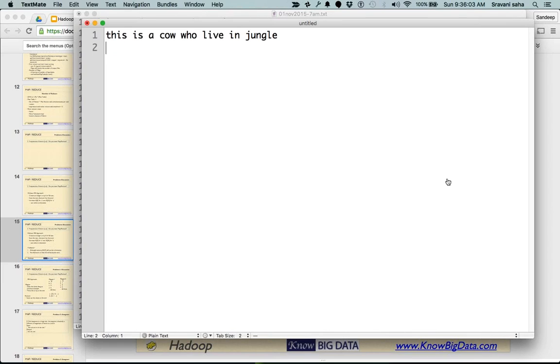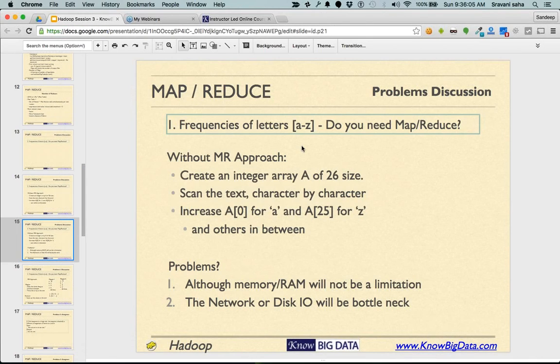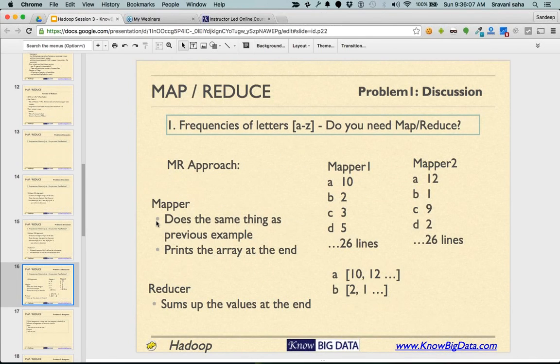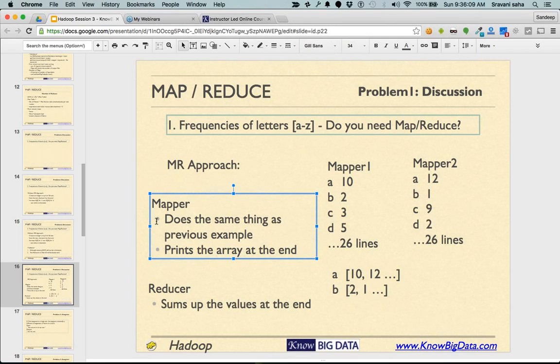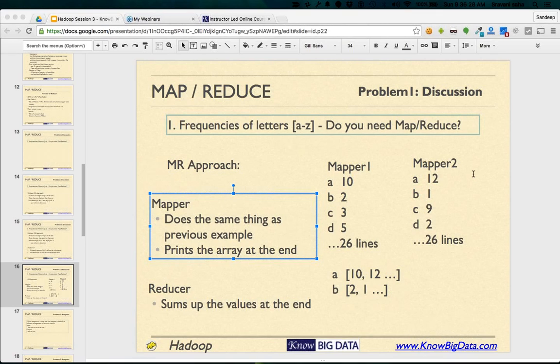Since in case of map we will get the full line as input, so we can compute the frequencies of that particular line and then put it in the output. Other than this, we can also tweak MapReduce a little bit, that we will consider in future. There are many ways to optimize it.